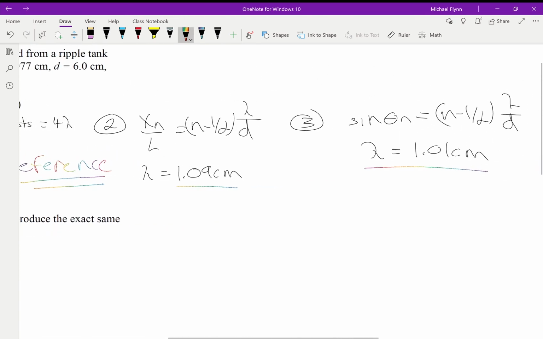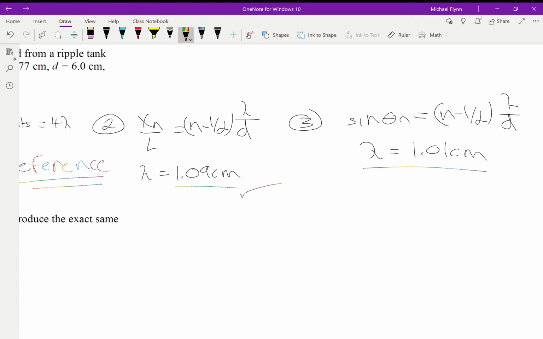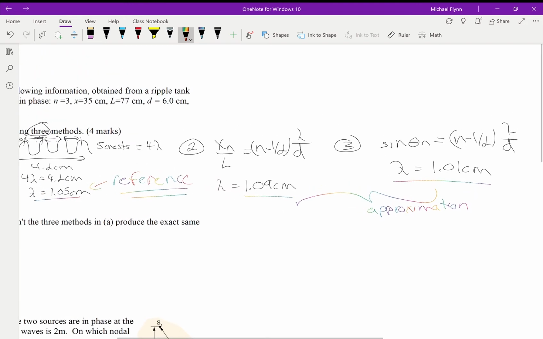These other 2 are based on our approximation, but we see that they're not bad. The first one is within 4%, and the second one is also within 4%.